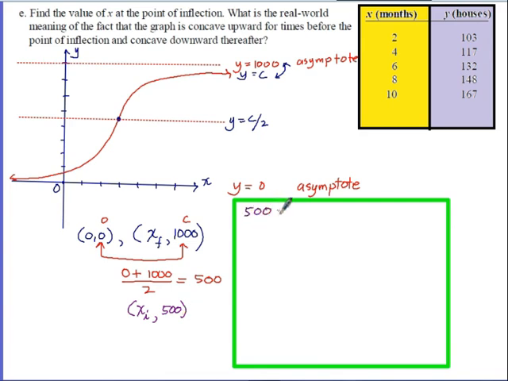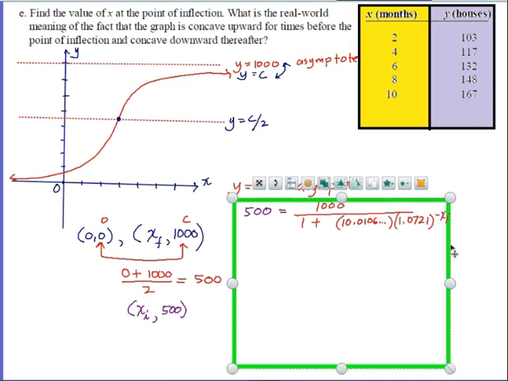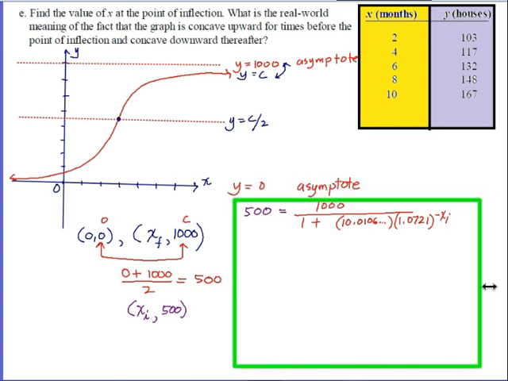So let's use the equation for our logistic function, which is 1000 divided by 1 plus 10.0106 times 1.0721 raised to negative x. In this case, it's xi. Let me extend this.